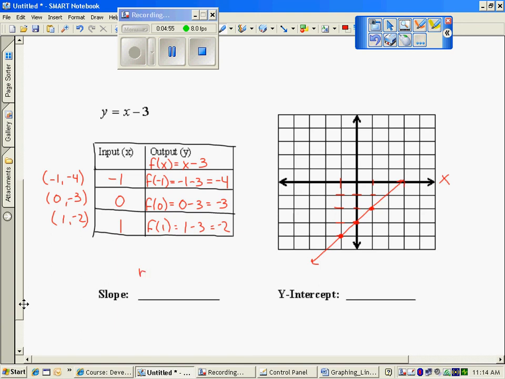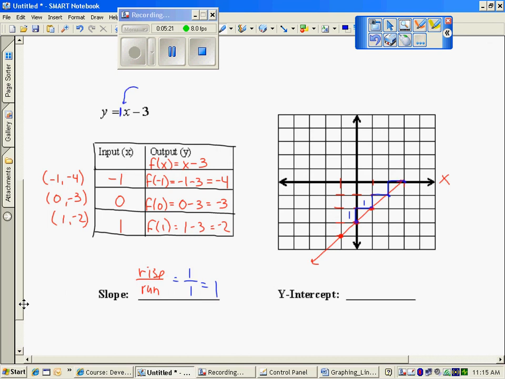Determining the slope, slope is rise over run. Finding any single point, how many did I rise? How many did I run? Rise 1, run 1. Reducing that fraction is a 1. If you notice, the 1x is sitting right there.